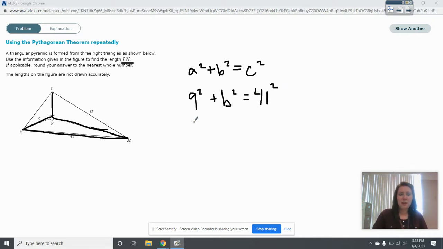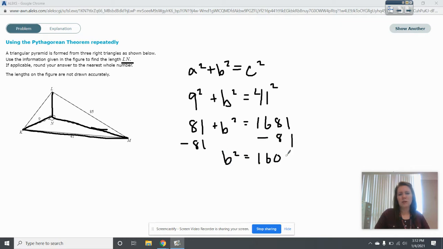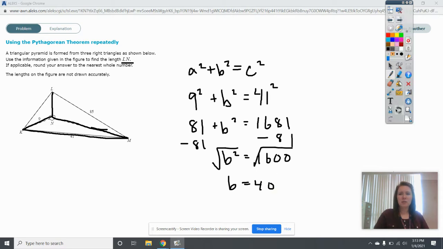So let's see, 9 squared is 81 plus b squared equals 41 squared is 1,681. Now I just have to solve on both sides. B squared equals 1,600. Take the square root of 1,600. And B equals 40. So now that I've done that, let's go ahead and erase some stuff over here.